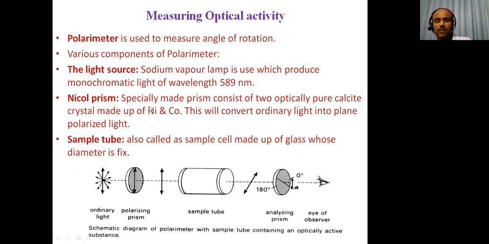It is a specially made prism consisting of two optically pure calcite crystals. The term Nicol originated from nickel and cobalt, the combination of nickel and cobalt. This will convert ordinary light into plane polarized light. That is the function of the Nicol prism. Then the sample tube, also called the sample cell, made of glass whose diameter is fixed.